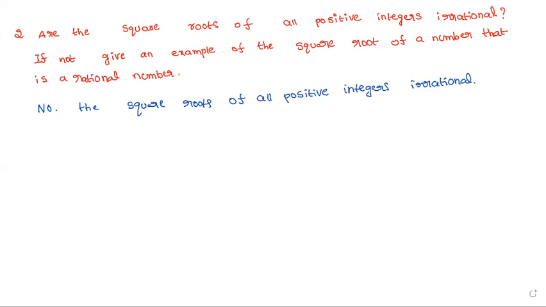Root 4, or root 9 is equal to 3. So 2 is a rational number. That is, 2 is written as 2 by 1, p by q form.